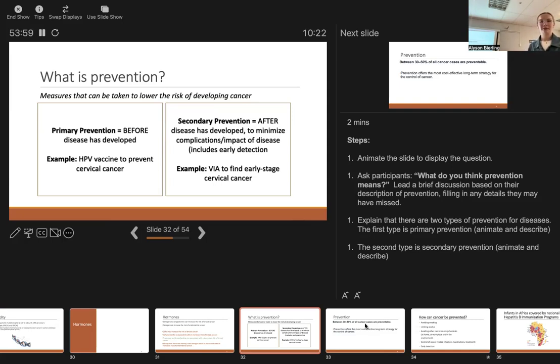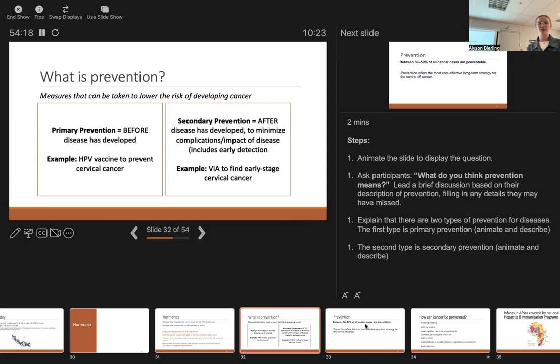And then secondary prevention, these are measures that are taken after the disease has developed to minimize complications or the impact of disease. This includes early detection. This is especially important with cervical cancer.